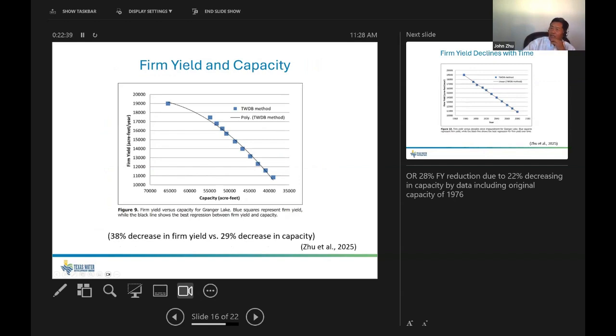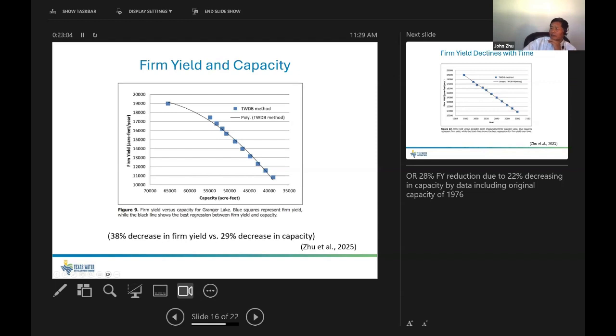And then we got all the capacity and firm yield relationship. Above here, that is actual capacity. And for over this area, this is our projected reaching curve. So the capacity going down and the firm yield also going down.